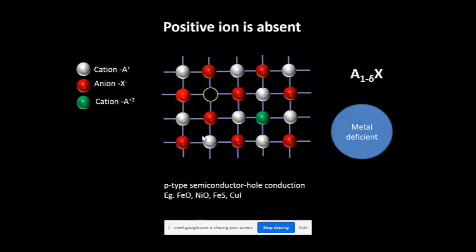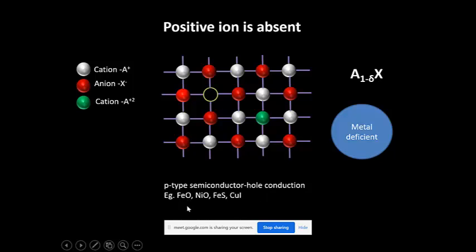For example, in FeO, ferrous oxide, if Fe plus 2 was missing from the site, then it is expected that at some position there should be Fe plus 3, right?